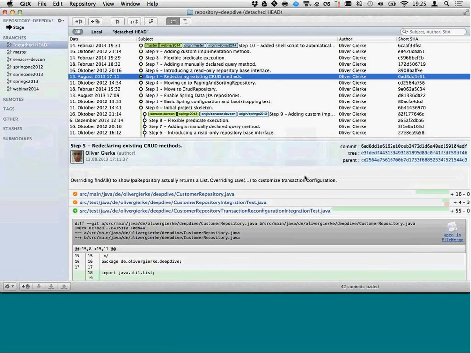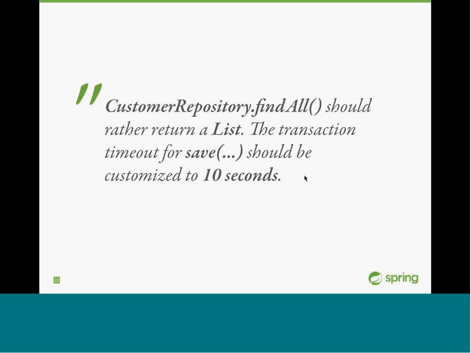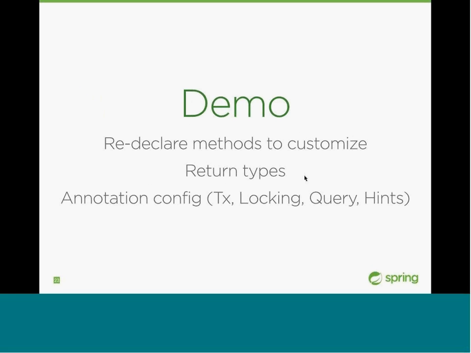All right. It's probably been a bit special here, but that's something that comes in very useful if you're running into situations where you need to customize that stuff. Okay. I showed you how to redeclare the methods. You can change the return types, of course, with some limitations there.